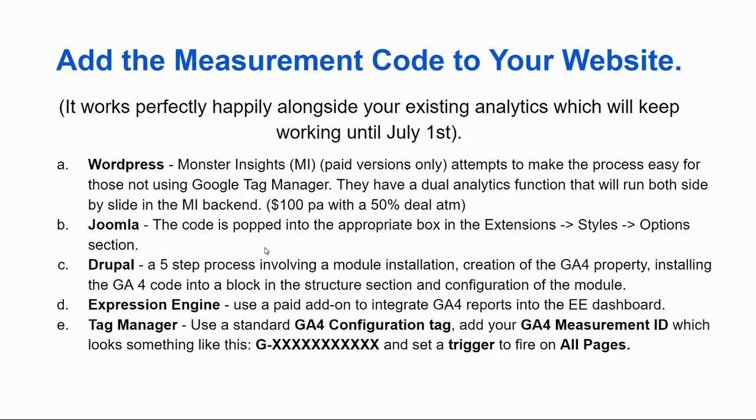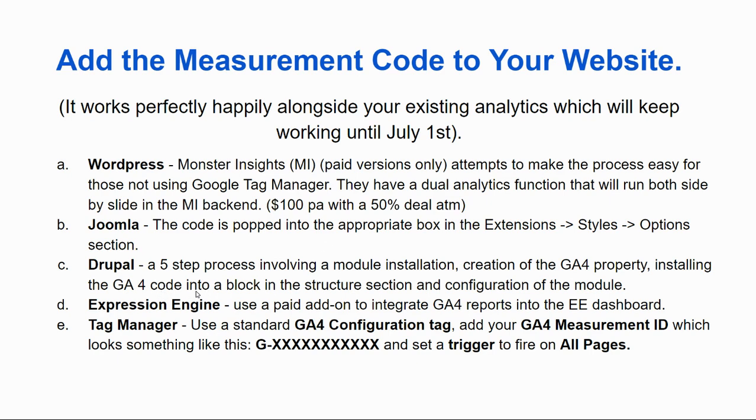There is a chunk that needs to go in the head of the page, and that needs to be as high up the head code as possible before any other codes and HTML and Java fire off. And then the second part needs to go into the body, just after the opening body tag, and ideally before any other code or process fires, so it can capture as much data about what's going on as possible.